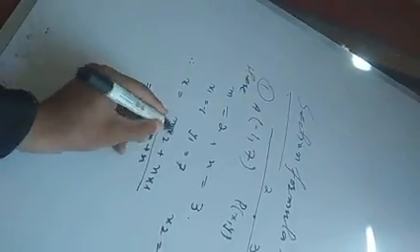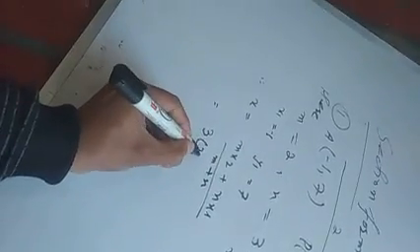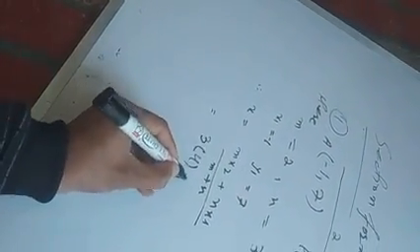Therefore the x coordinate of P, x, is equal to (mx2 plus nx1) divided by (m plus n), the formula which I mentioned earlier. Here m is equal to 3, so you have 3 into x2, which is 4, plus n is 3, x1 is -1, divided by m plus n, 2 plus 3.